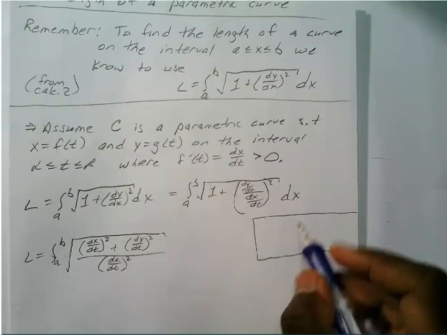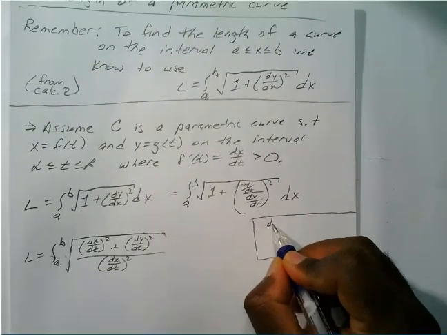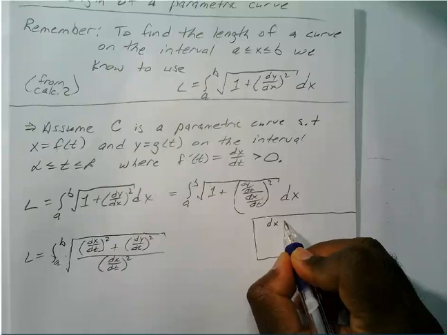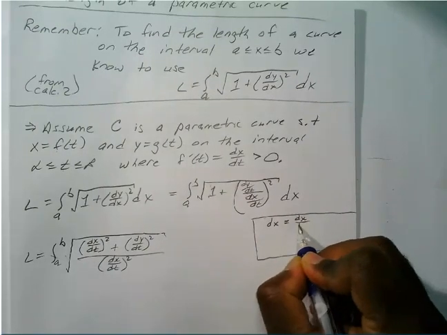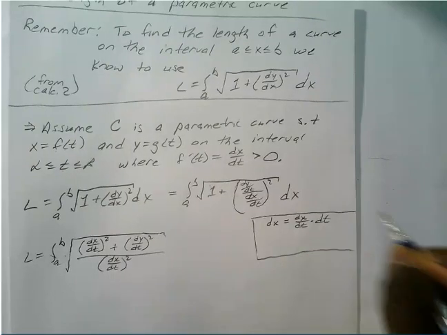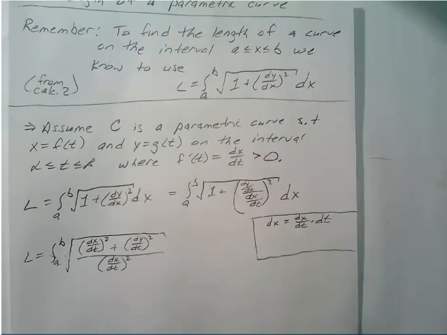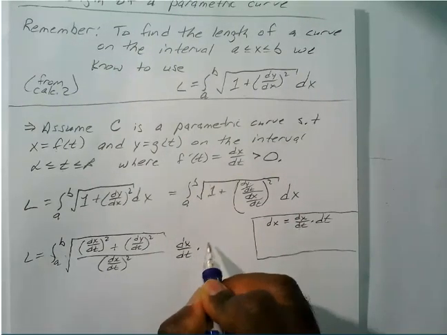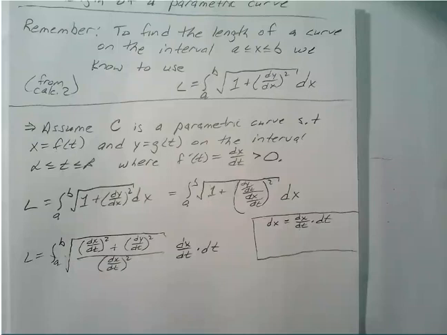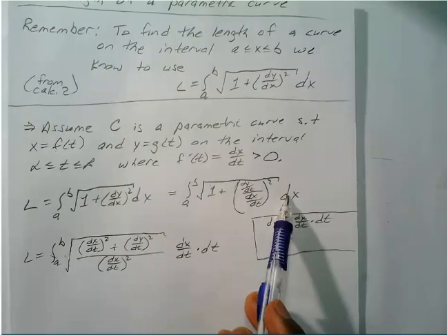Now, the one thing we have to remember is that dx by the chain rule can equal dx dt times dt, since these two just cancel each other out. So we have our dx dt times dt to replace our dx here.